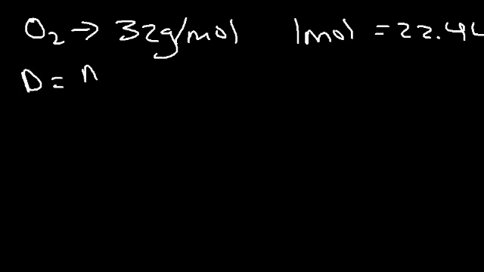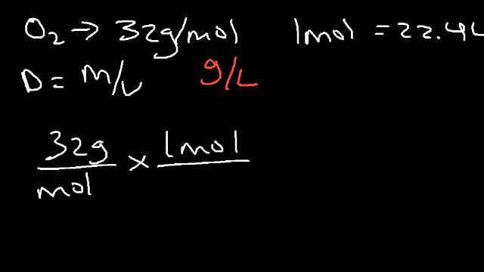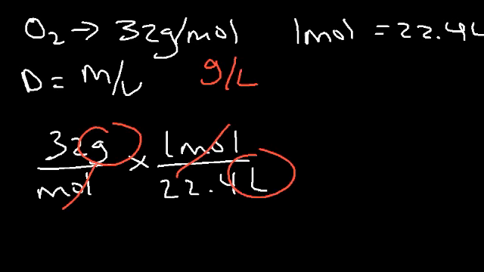And density is mass over volume. So in chemistry, the units of gas density is typically grams per liter. If you take the molar mass of oxygen, and divide it by 22.4 liters, notice that the moles cancel. And so you're going to get grams over liters. And this is going to be the density.